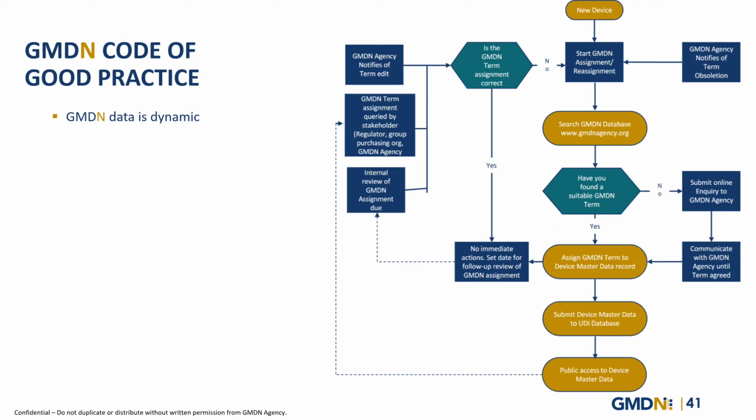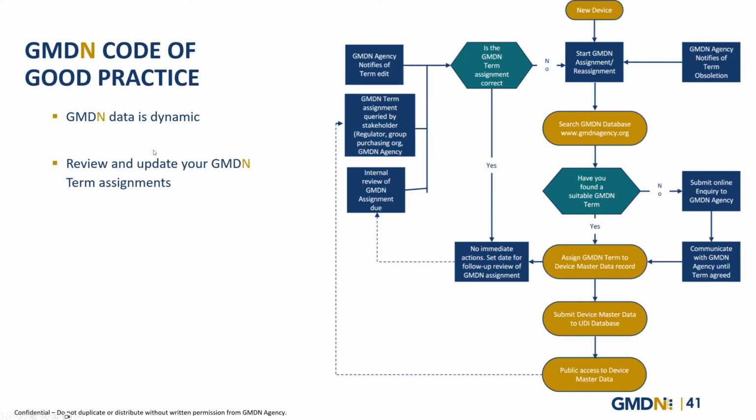Because we live in a dynamic world, and the medical device industry is dynamic, so the terms cannot remain static in a dynamic world. That's why the GMDN data is dynamic, and whenever there are changes and the GMDNs evolve, we believe that the users need to follow with these changes and make the right GMDN term assignments for the correct downstream use.